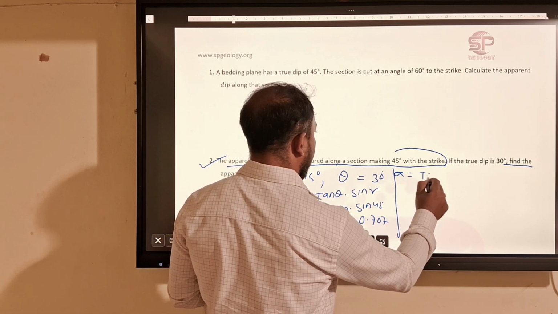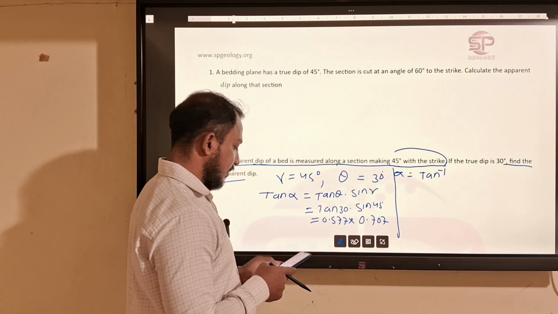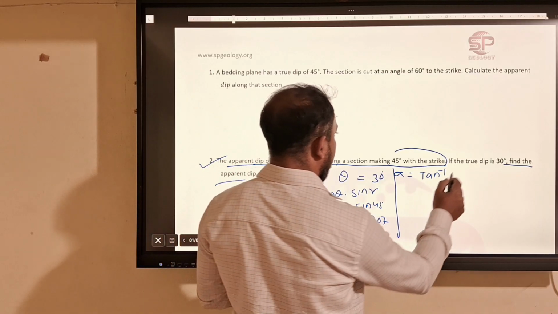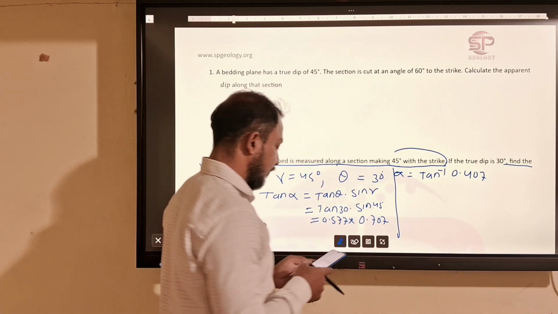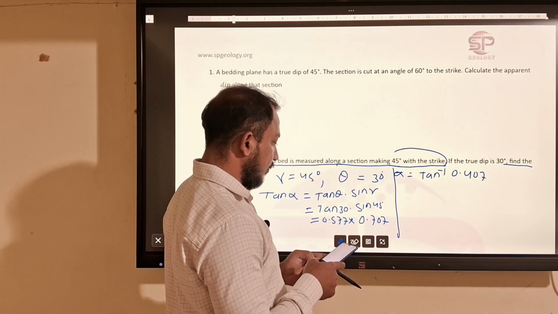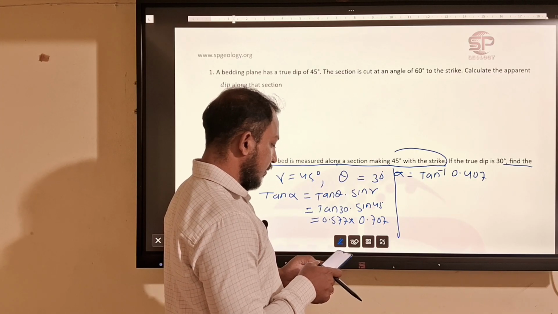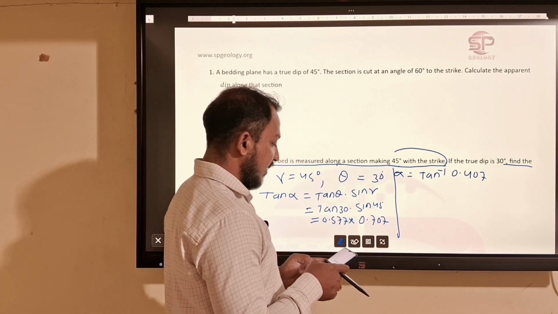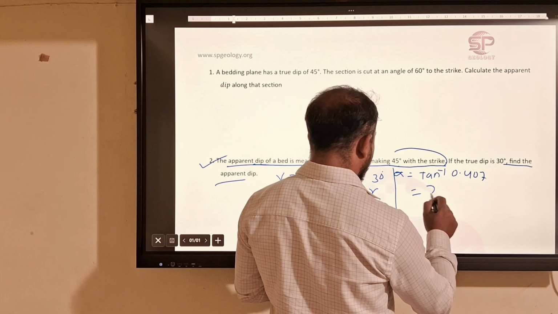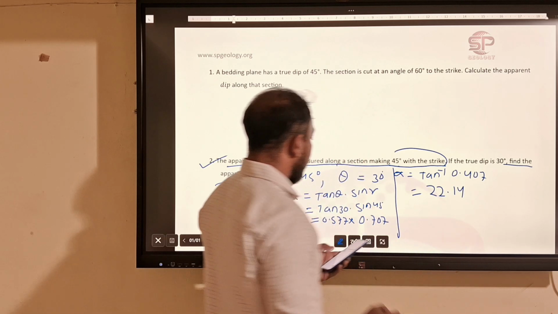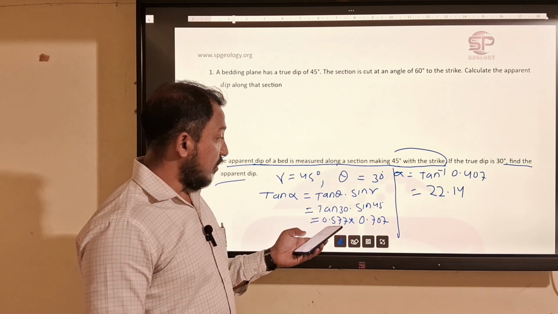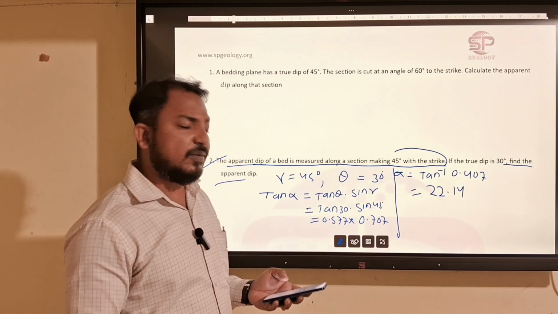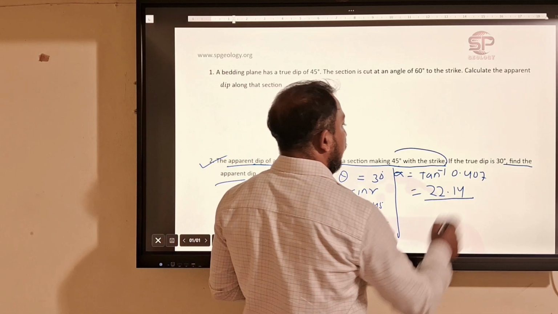So alpha will be tan inverse 0.407, approximately 22.14 degrees. During calculation you can take a whole digit, or you can also round them up to 3 digits. The answer will be approximately 22.14.